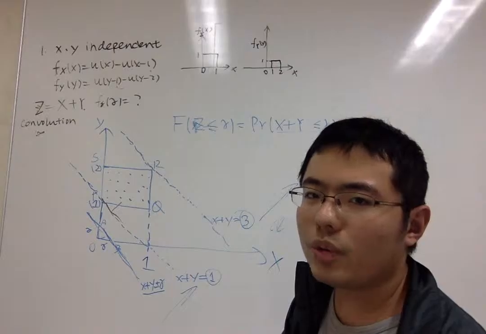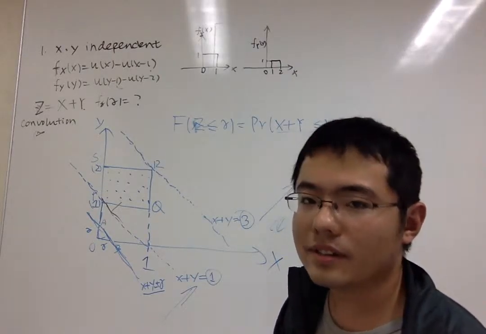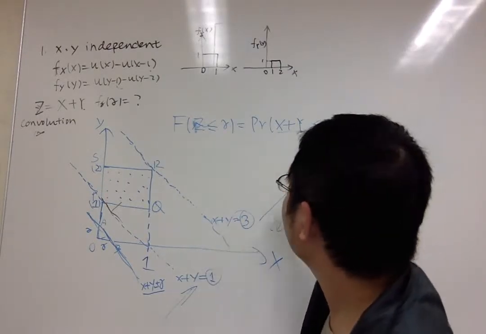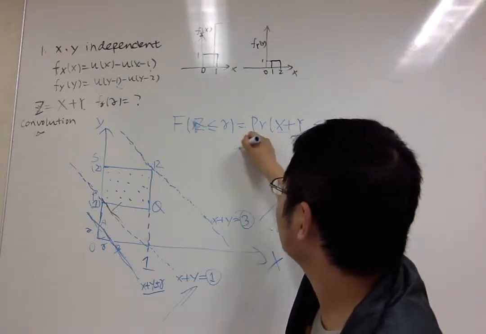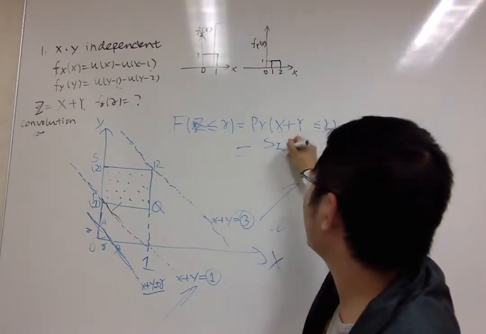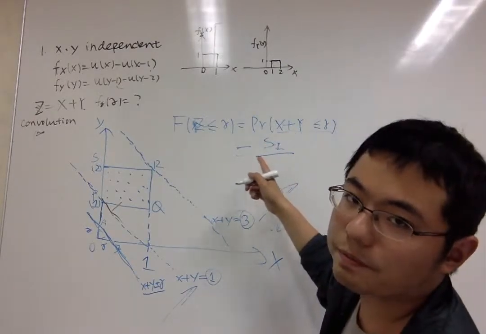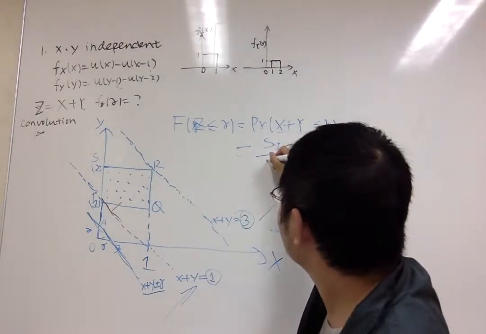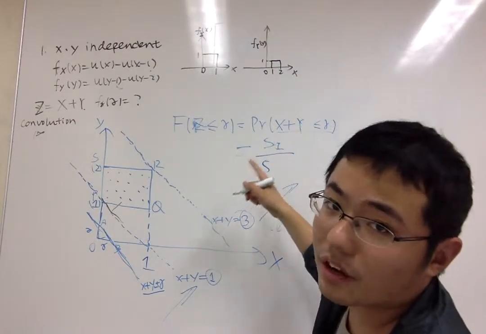Okay, so as long as there's an area that is circled out, we could deduce the probability should be the area over the area of the square.